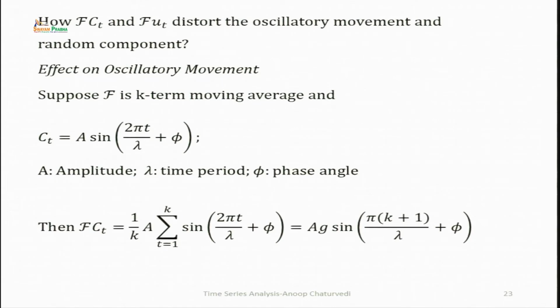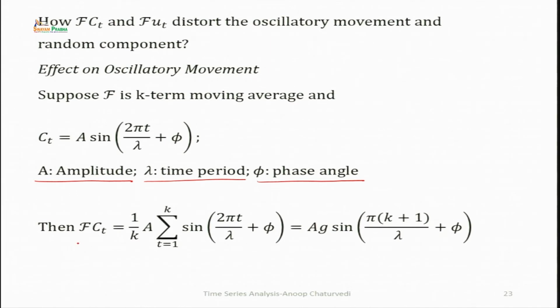So, suppose f is the k term moving average and C t is equal to a sin 2 pi t upon lambda plus phi. So, the oscillatory movement has amplitude a, lambda is the time period and phi is the phase angle.